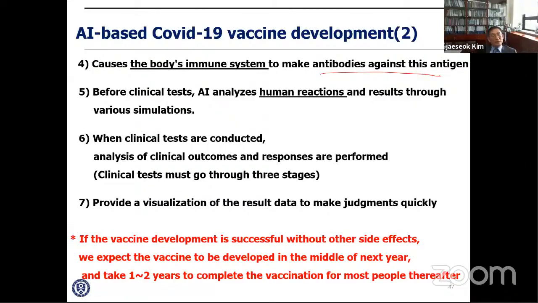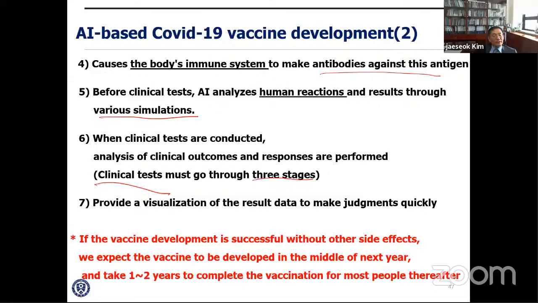Before clinical tests, AI analyzes the human reactions and results through various simulations. When the practical clinical tests are conducted, analysis of clinical outcomes and responses is performed. As you know, clinical tests must go through at least 3 stages.